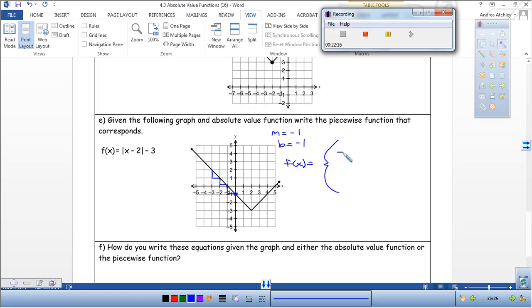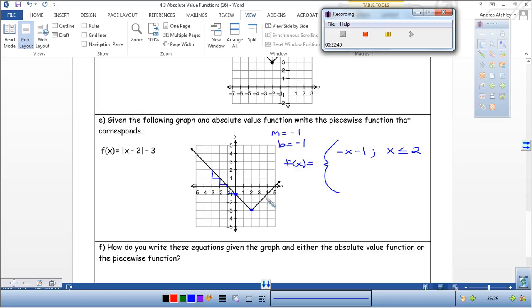So you get negative x minus 1. From the domain, it starts at 2 and it gets smaller, so it has to be less than or equal to 2. Any questions over that?